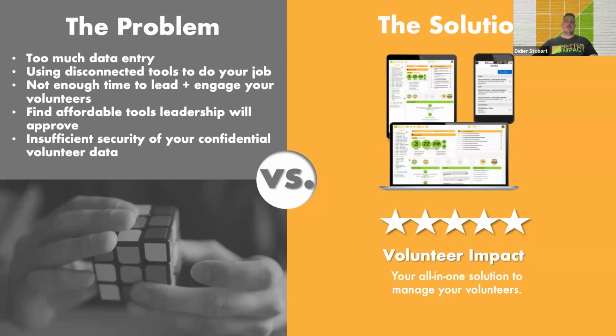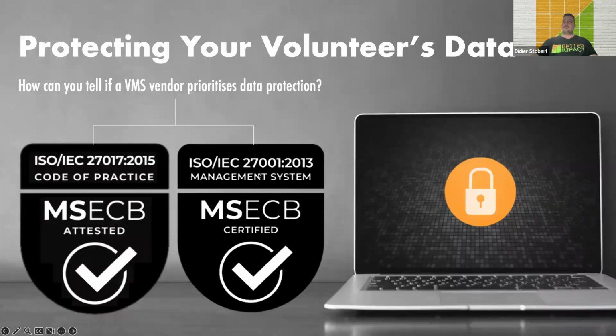And of course, a big issue at the moment, and a big thing that a lot of organizations are focusing on, is insufficient security of your confidential data. That is a number of things that we want to help and assist you with, and a big focus for us. And of course, that solution is Volunteer Impact. So we're going to look a little bit more into those topics today.